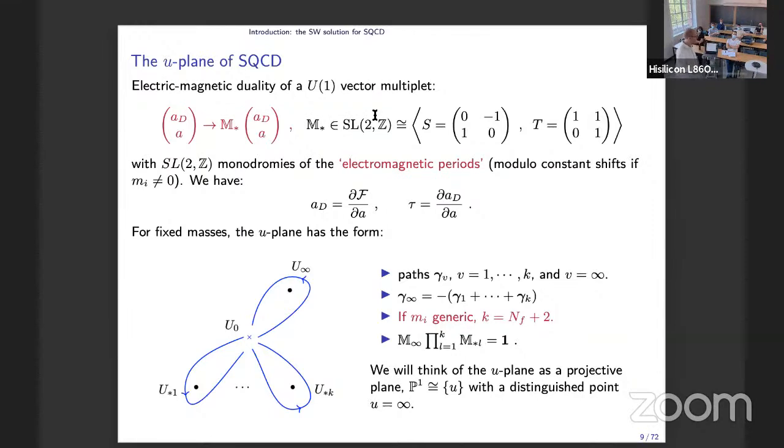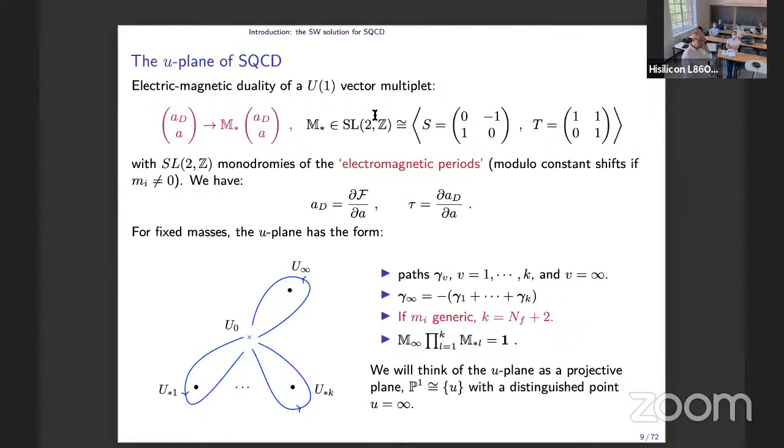But then interesting things could happen at strong coupling. Electromagnetic duality in general would relate essentially electrons to monopoles, right? Like in the usual Maxwell equations. And so in the dual photon, there will also be a scalar called A dual, and those scalars can be rotated by a general SL(2,Z) matrix, where S and T are the usual generators of SL(2,Z).